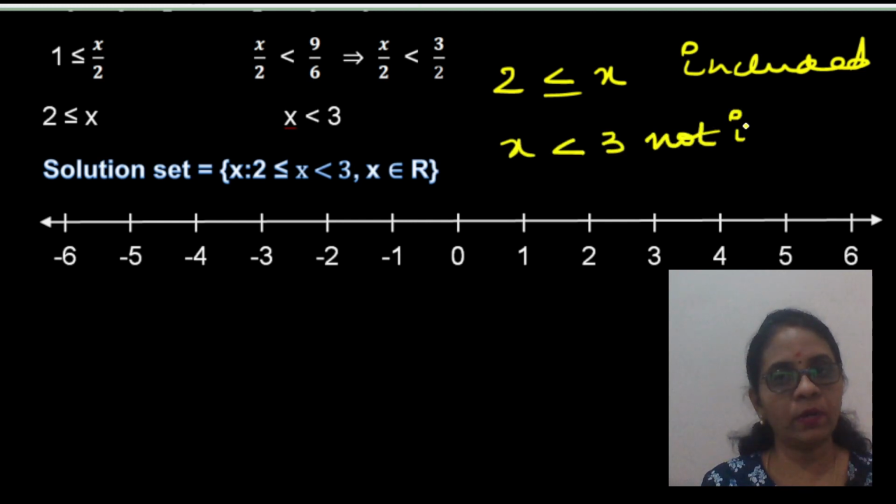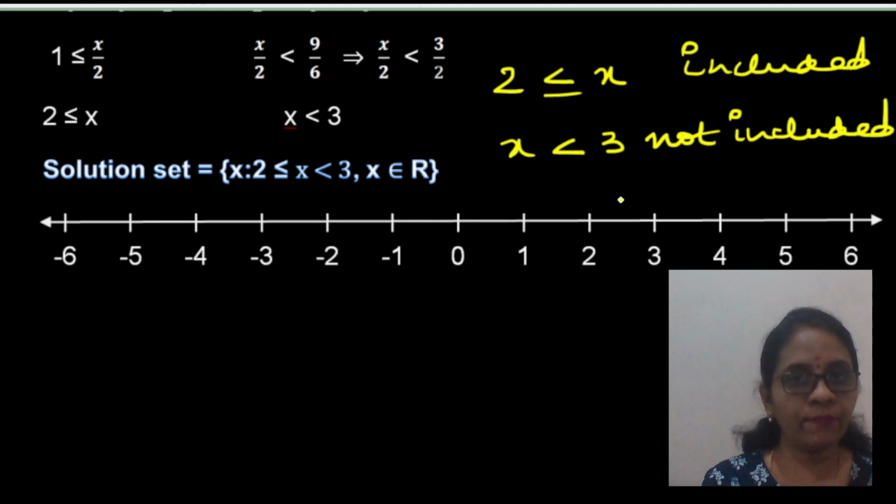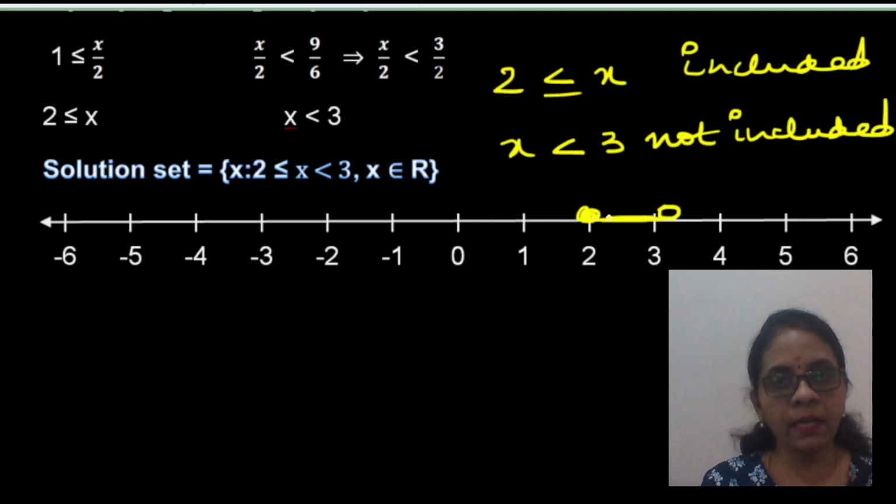Not included. Okay. Now how do you show it? As I have told earlier, between 2 and 3, included is a dark circle, not included is a hollow circle. Make this hollow a little prominent and darken the region between the two.